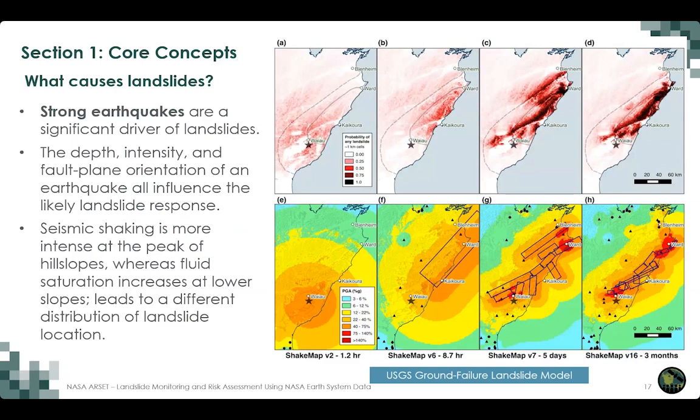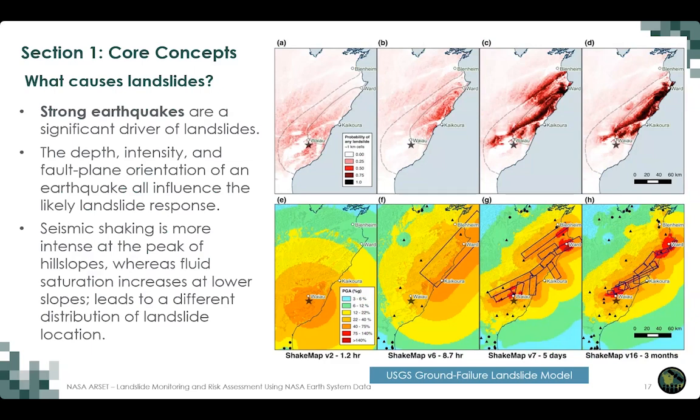This means landslides triggered by earthquakes tend to occur higher up slopes than landslides triggered by rainfall. This is something to bear in mind when thinking about the overall population of landslides around the world and in specific areas, and so we often think about those two different types of triggering processes and how they may lead to different populations of landslides.